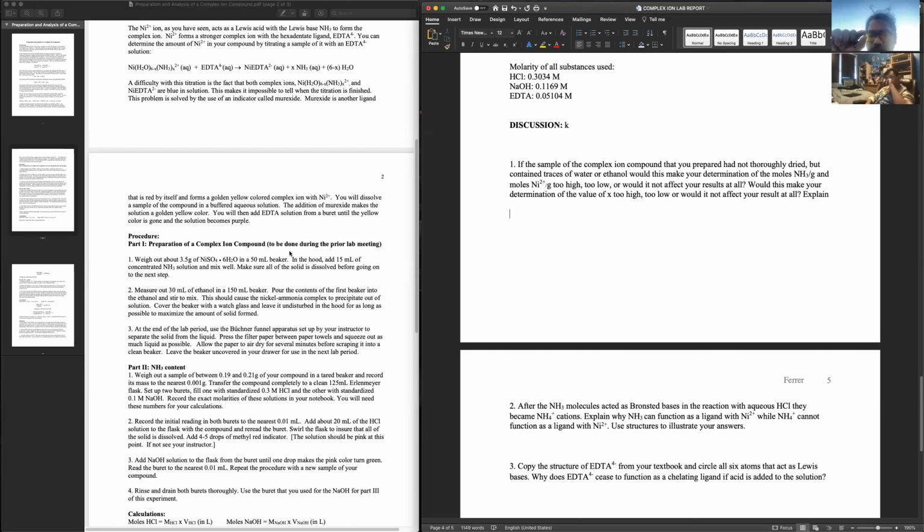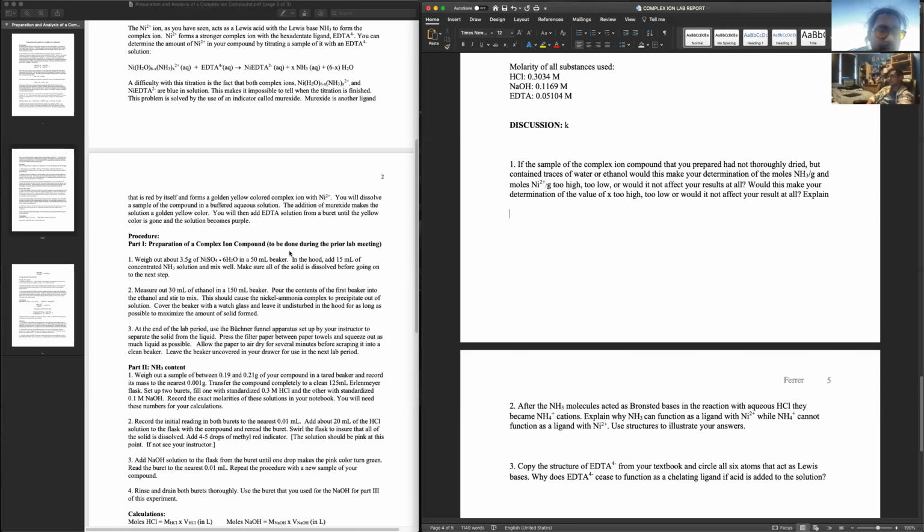So you start off with the solid version of the nickel sulfate, and you mix it with ammonia to make the complex that we found. Since we mix it with ammonia, it's aqueous. We throw in ethanol to make it precipitate back into a solid. Make sense?